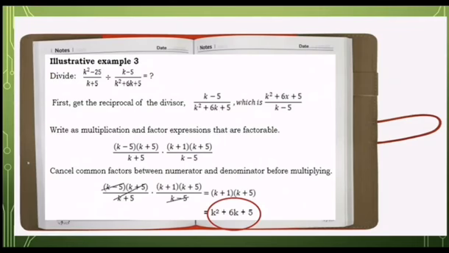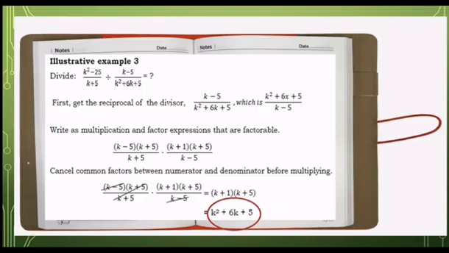Write as multiplication and factor expressions that are factorable. So the factors of the numerator of the dividend k squared minus 25 are the quantity k minus 5 times the quantity k plus 5 over k plus 5, times the factors of k squared plus 6k plus 5, which are the quantity k plus 1 times the quantity k plus 5 over k minus 5.